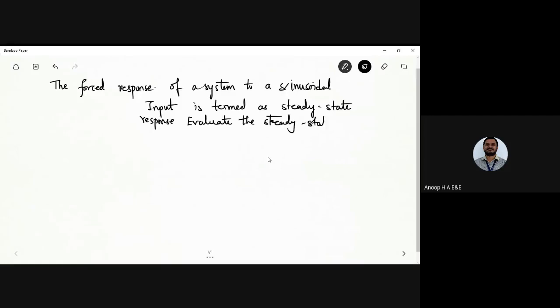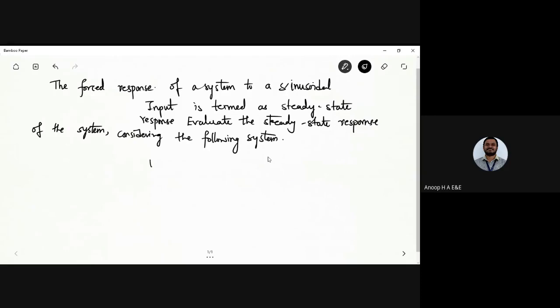Evaluate the steady state response of the system, considering the following system.